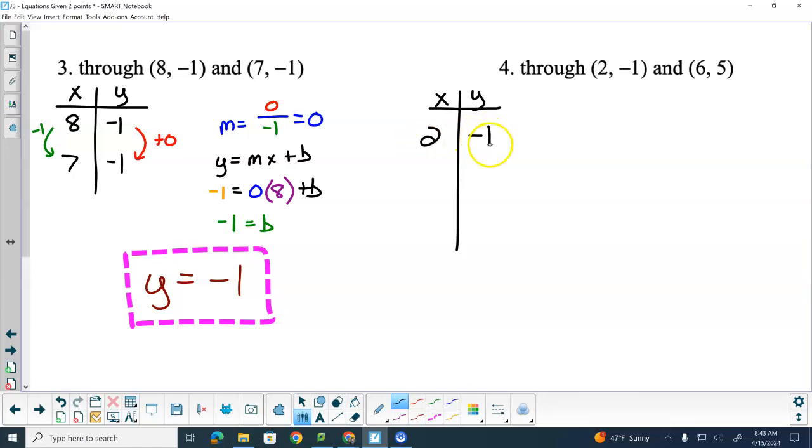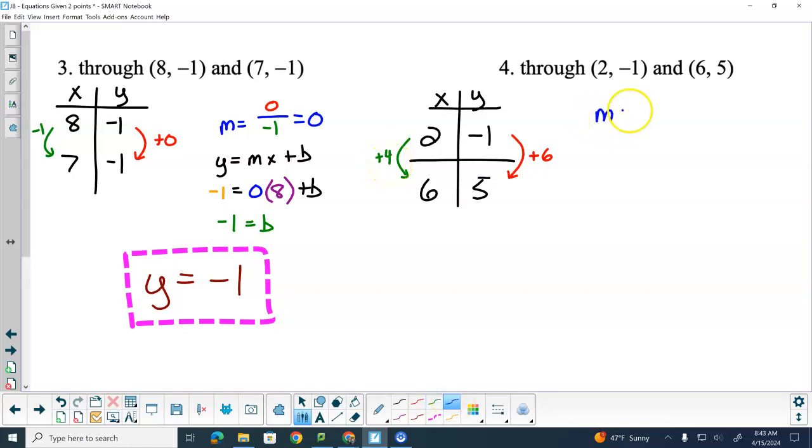Two, negative 1, 6, and 5. Okay. So then we've got a change in y of plus 6. We've got a change in x of plus 4.